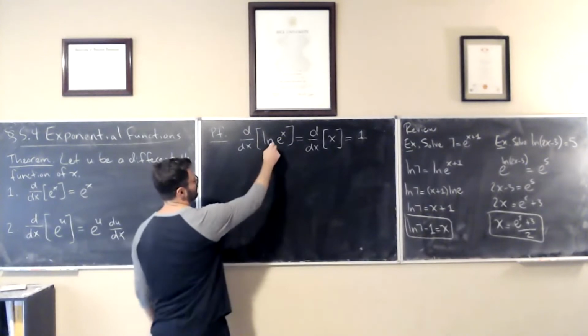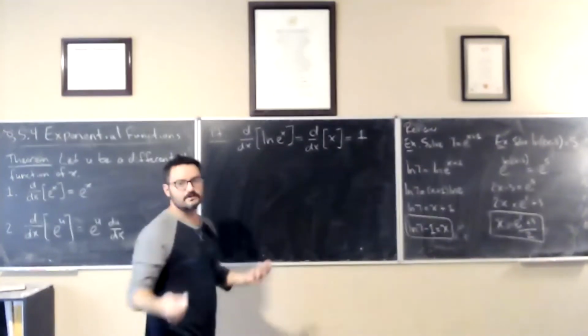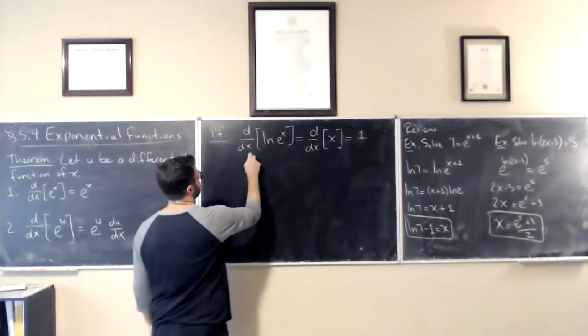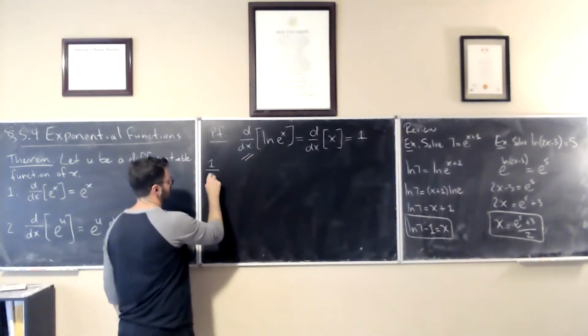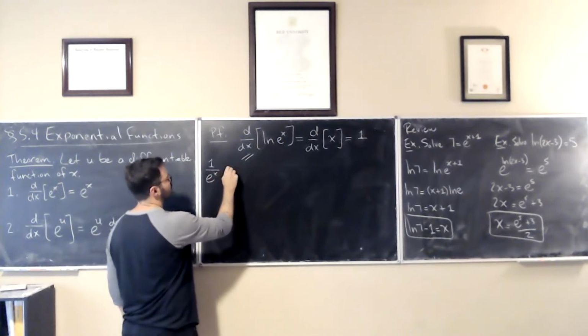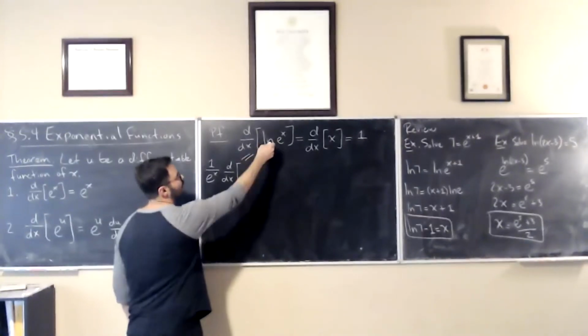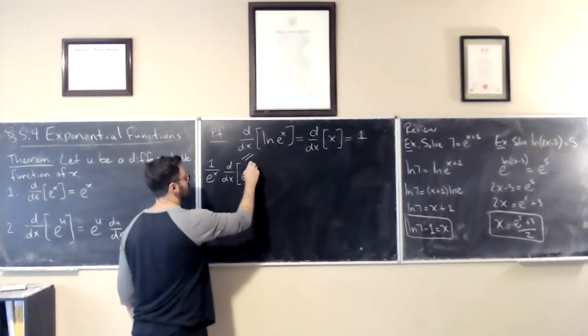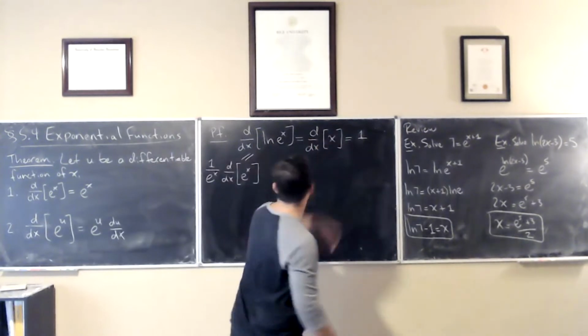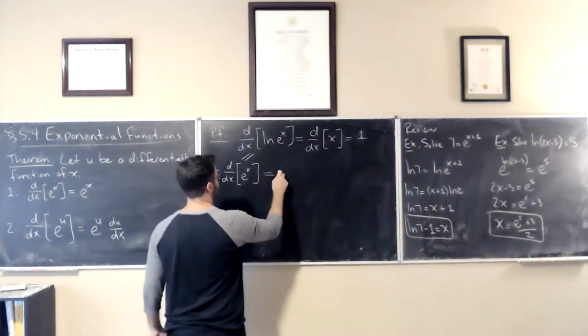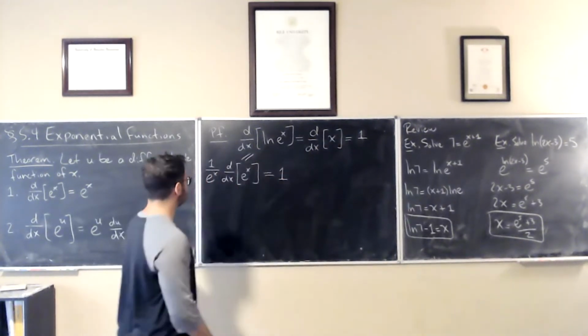So this is 1 over the inside times the derivative of the inside, right? But this is equal to that, equal to that, equal to that. So altogether, this is equal to 1.